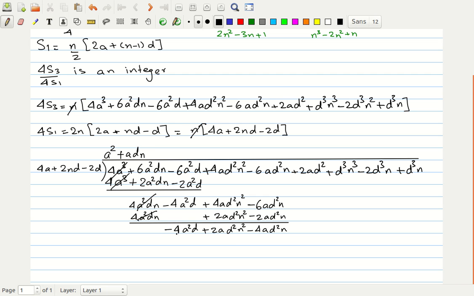Now we have minus 4a. Let us multiply this by minus a times d. So we will get minus 4a square d. Okay, we get minus 2a d square n, minus 2a d square n, which is over here.